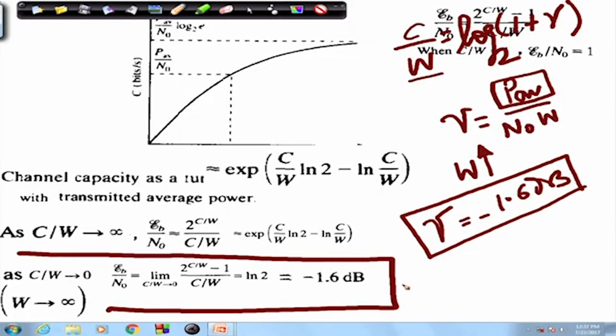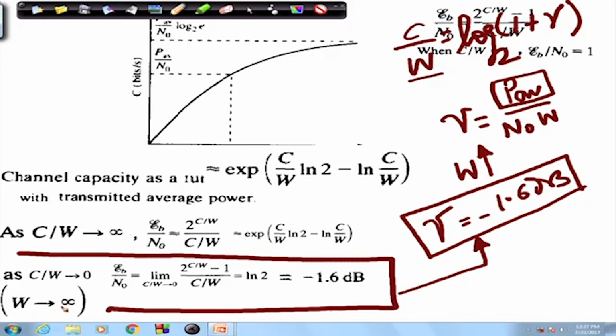So, from this expression also we get to the limit of the signal to noise ratio that must be maintained to do meaningful communication, where W may be expanded to infinity while the average power P average is kept constant.